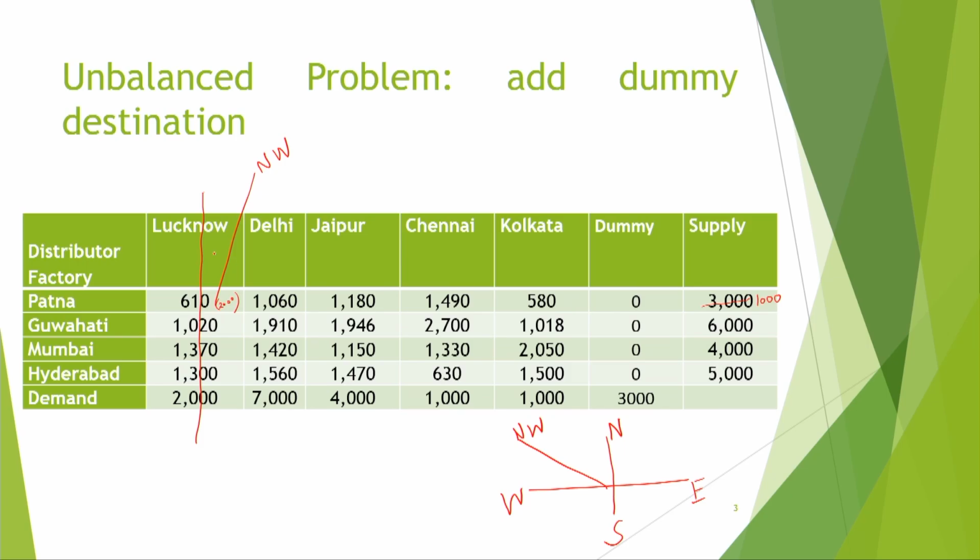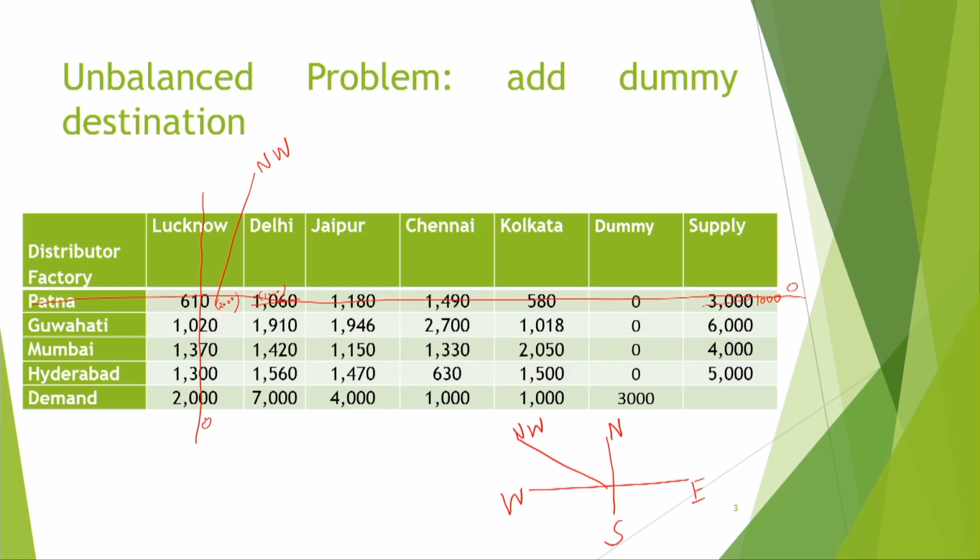I started from the northwest corner, and I cannot go down because I cannot give anything more to Lucknow, but I can move towards Delhi. So the remaining 1,000 I can assign to Delhi, and put 1,000 here in brackets. So this is also balanced. Now Patna will also be struck off, because there is 0 here and 0 here.